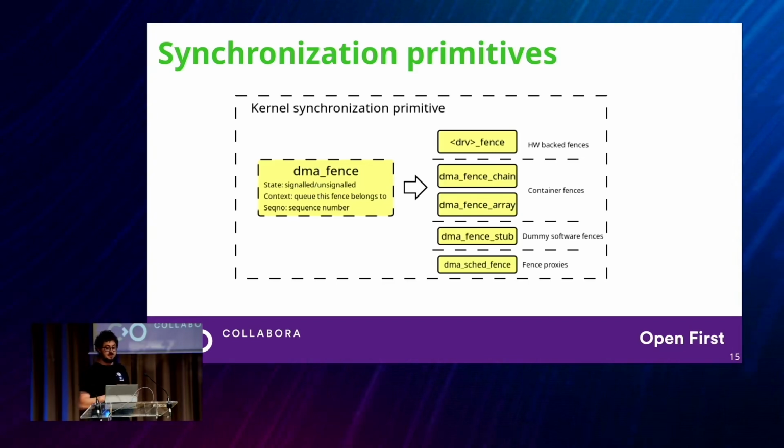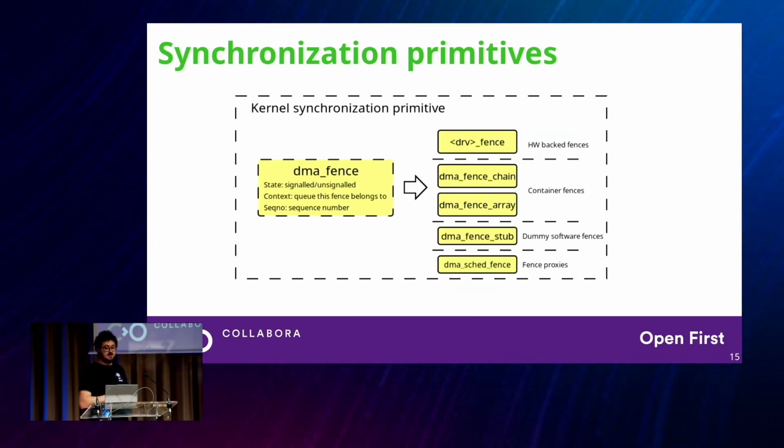And this interface exposes a state, which is signaled or unsignaled. By default, the fence starts in an unsignaled state, and at some point, something signals the state. And basically, for a GPU job, that would be when the GPU is done doing what we asked it to do, and then it will signal the fence from the kernel driver.